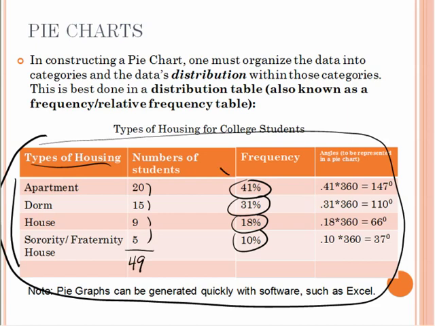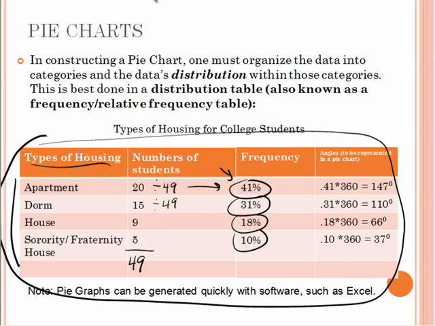How did the 41% come about? Well, 41% came from the frequency living in apartments divided by the 49. If you do that arithmetic, you should come out to 41%. You can check that.